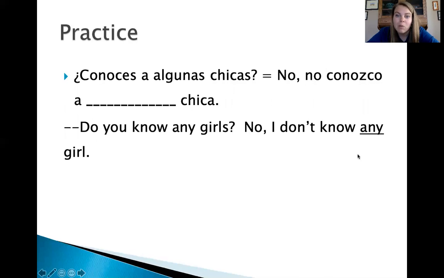Doesn't really matter because I have a no in my sentence. So this no is cluing me in. I need a negative word. What is the negative word that corresponds to alguna? It is ninguna. So I don't know any girl literally translates to I don't know no girl, or I don't know none girl. It sounds very odd, but it makes more sense the more you see it in Spanish.